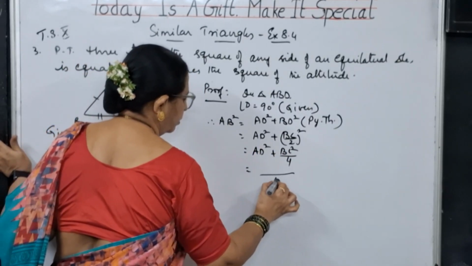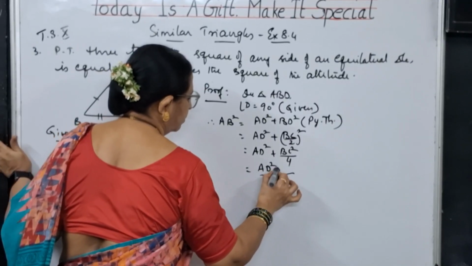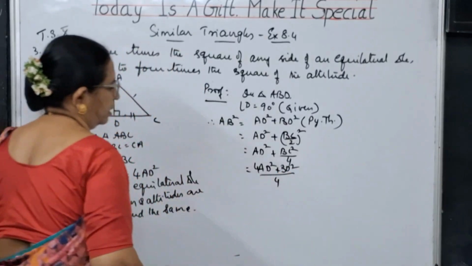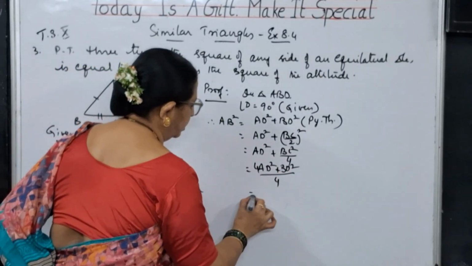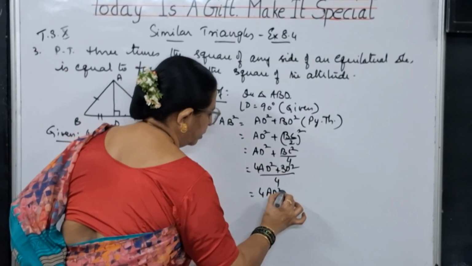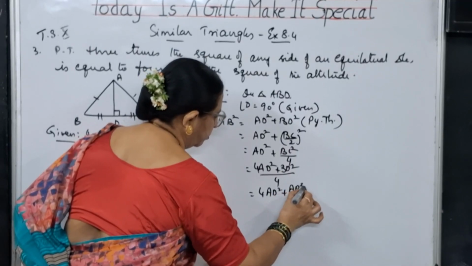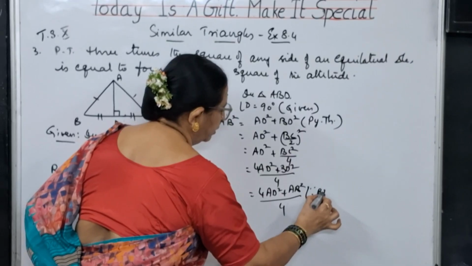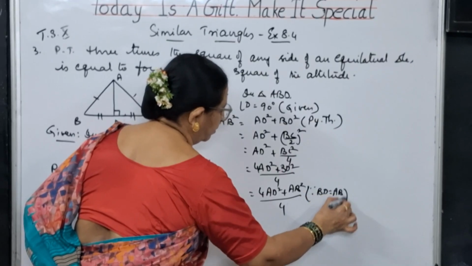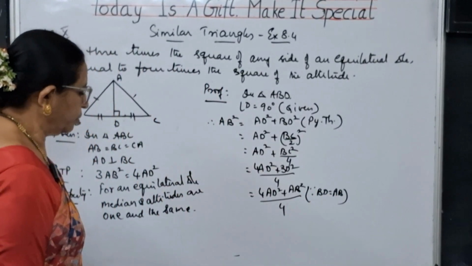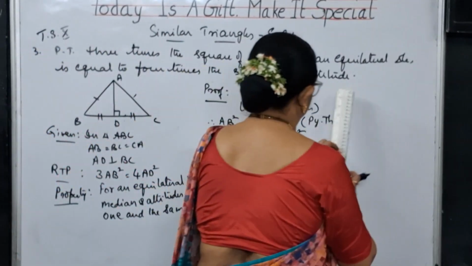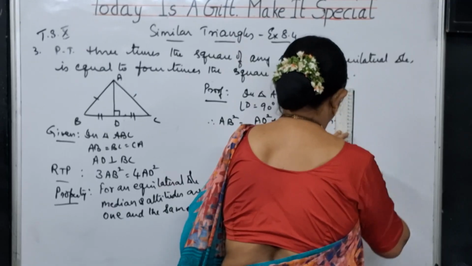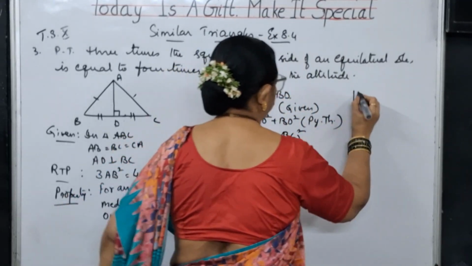Means take LCM, 4 AD square plus BC square I'll get. This can also be written as 4 AD square plus AB square by 4. Why am I writing it? Because BC is equal to AB. Equilateral triangle they said, no. So what am I getting here, children? What I got?